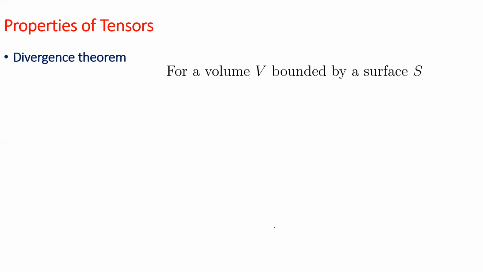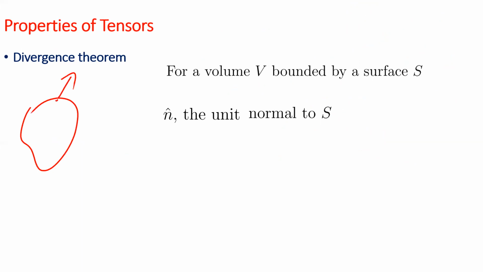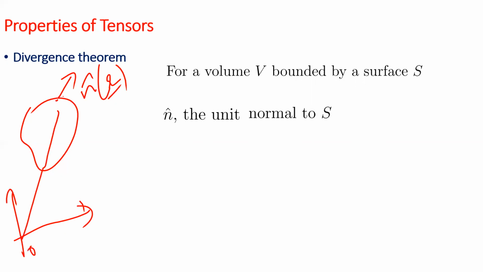Divergence theorem, the same thing which you have already seen in the engineering mathematics courses. If you have a closed volume which is bounded by a surface, and n represents the normal as a function of the position, so this is my origin, and this is the corresponding position vector r. n is a function of position, and this r is on the surface. r belongs to the surface and not the domain.